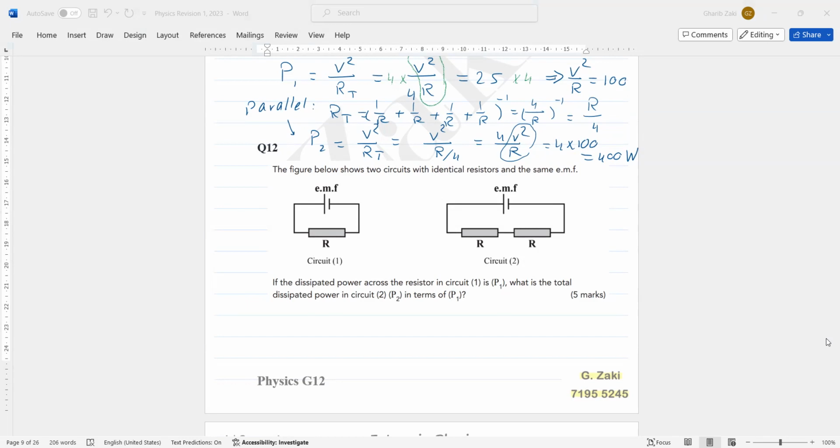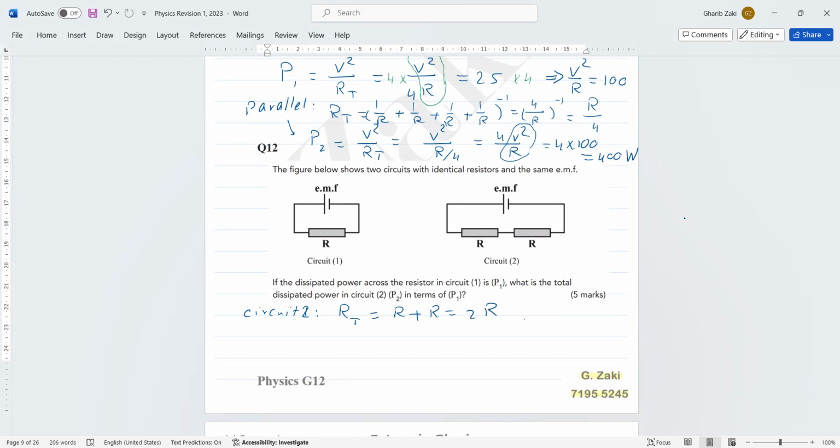We need the relation between P1 and P2. The same idea as before. In circuit 2, it's better to start because it has two resistors. In circuit 2, R total equals R plus R, which is 2R. This is R total.